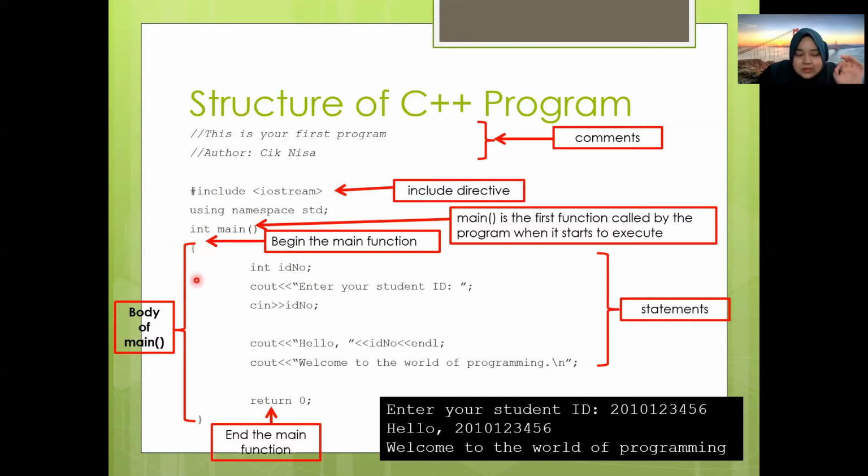int, I small letter, N small letter, T small letter, main, and you have the parenthesis. After you write int main, you should put this, which we call the curly braces. The left curly brace means beginning the main function, and then come all the statements that you want to write, that you want to show to the user.